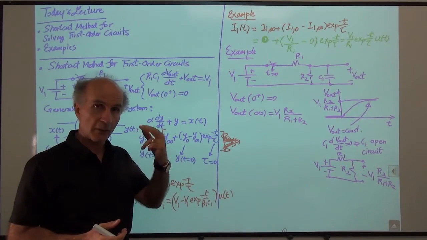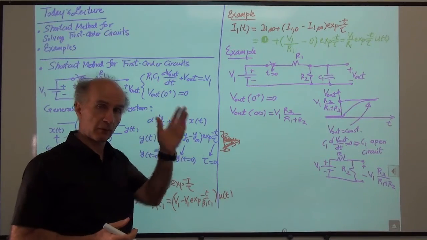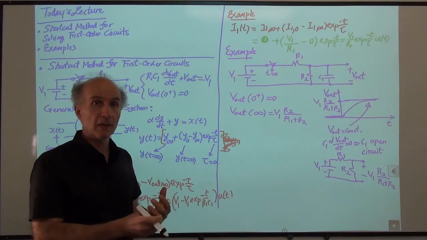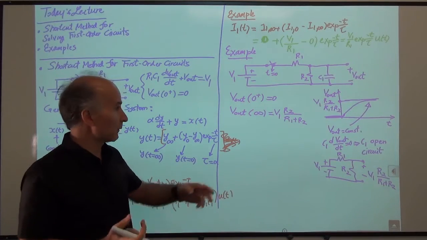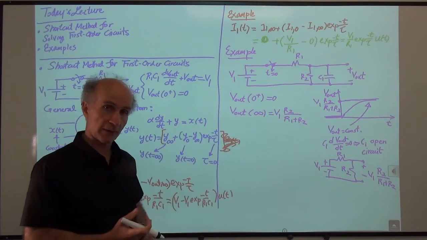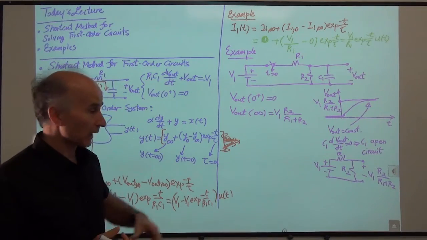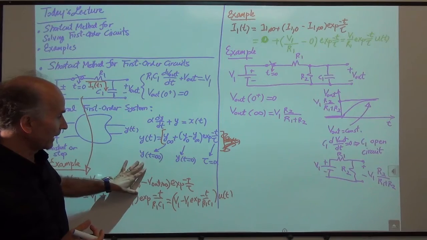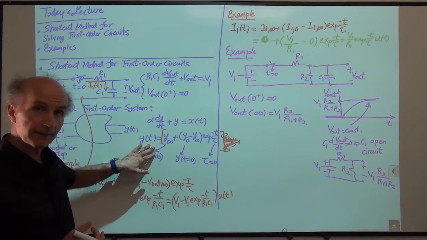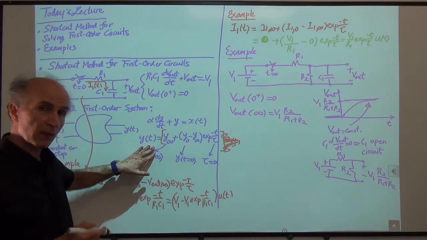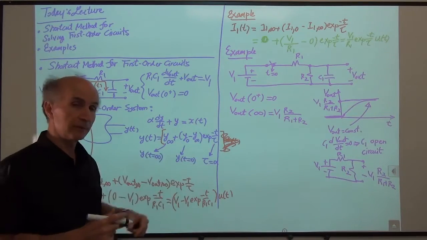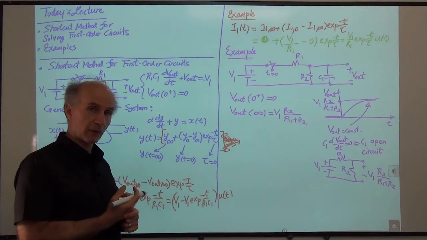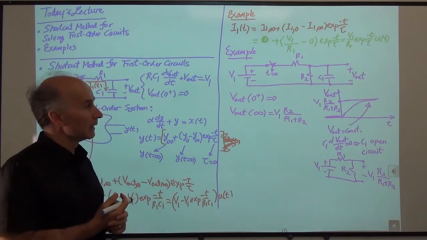We have to figure out what's happening to the circuit before time 0, after time 0, at time infinity, before we can write meaningful results. Now that I have these two, I can go ahead and write this equation. There's only one little missing link, and that's tau. For that, I have to figure out how to find the time constant of the circuit.